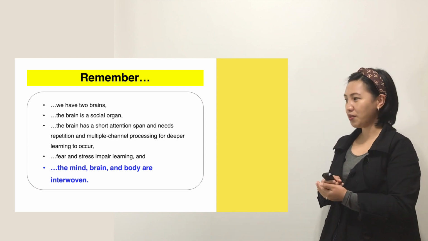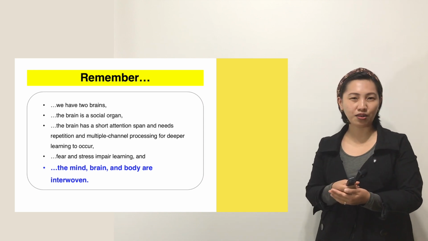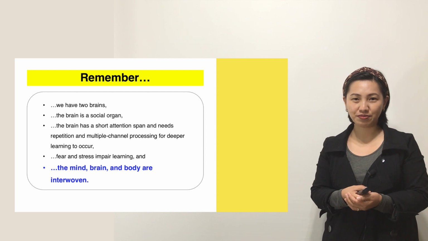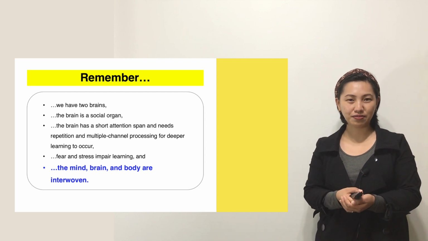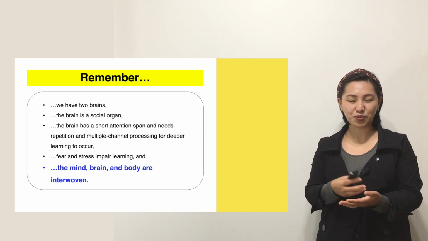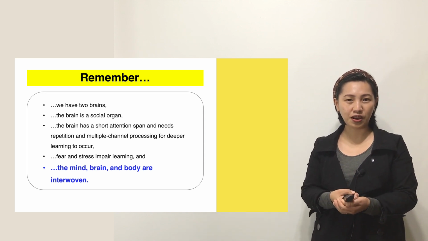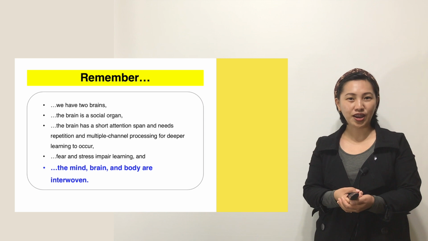So thinking about how should we take care of our brain? First and foremost, sleep. Have adequate sleep. All right. People are busy nowadays. Students study for a long period of time, right?